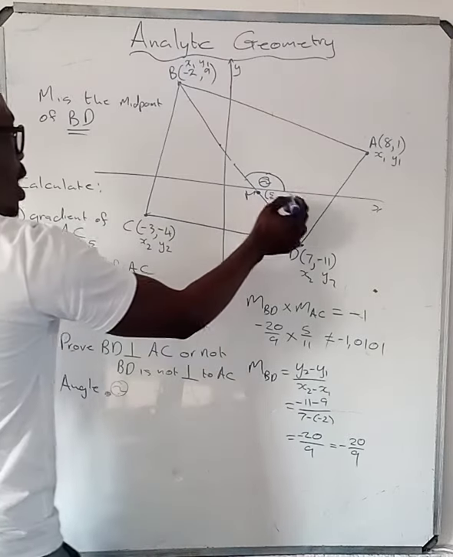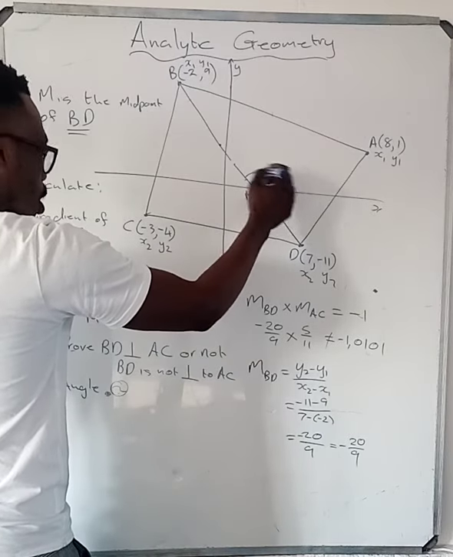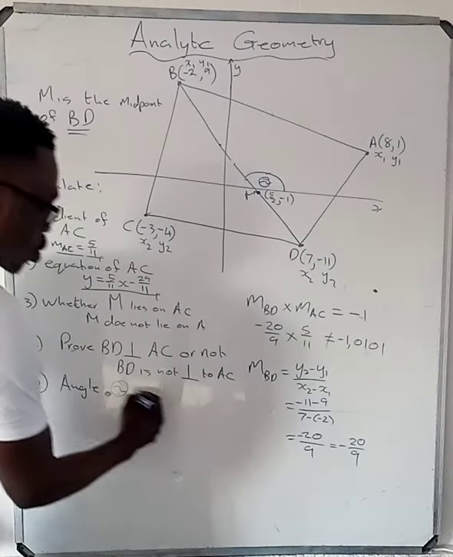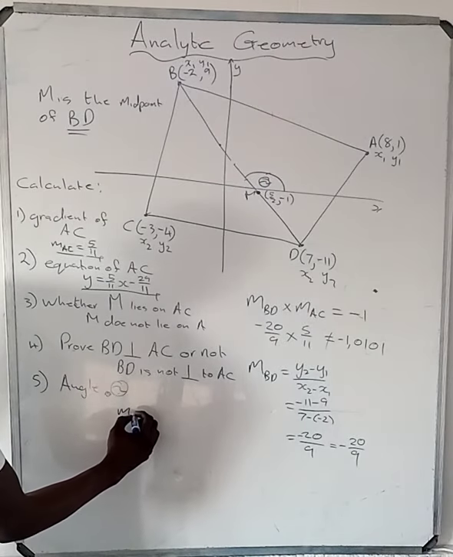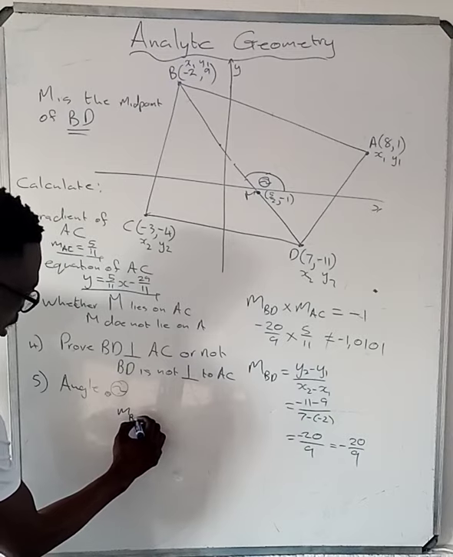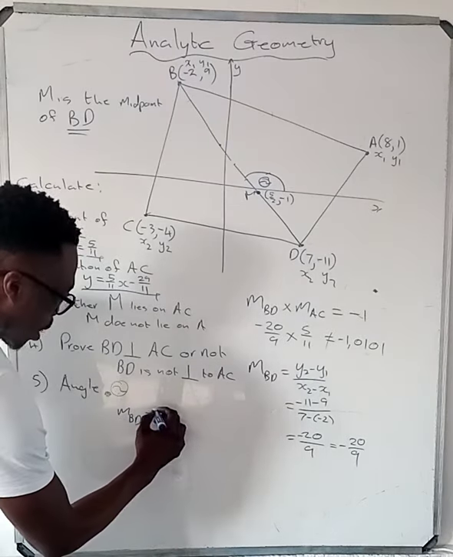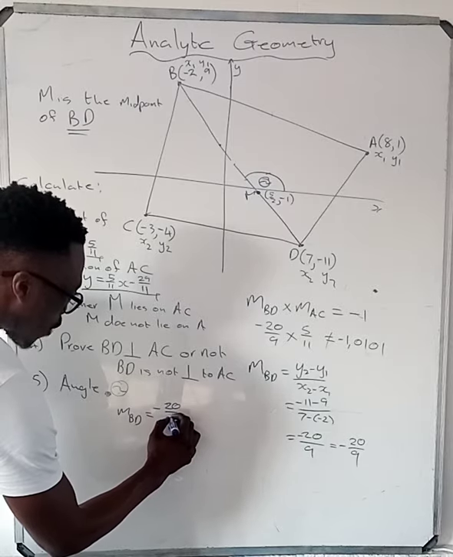Now for the angle theta, the angle of inclination, we use the gradient of BD, which is negative 20 over 9.